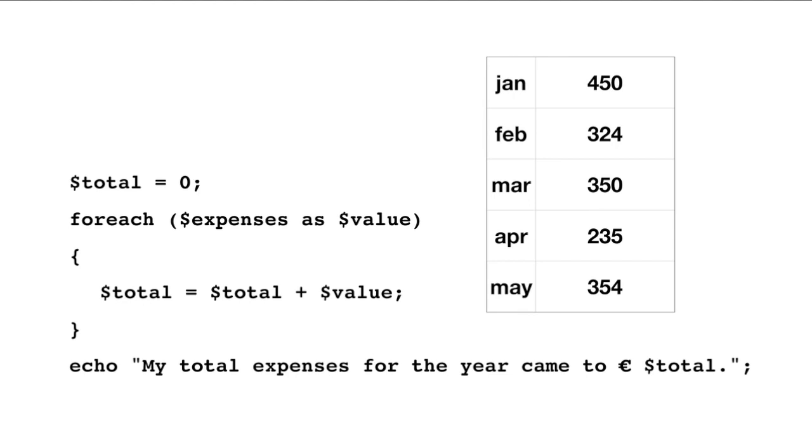The array itself is called expenses, by the way. We're saying foreach expenses as value, total gets total plus value. It's going to go through the array item by item, adding each item to a running total. So by the time we've gone through the whole array, it'll say my total expenses for the year came to total.